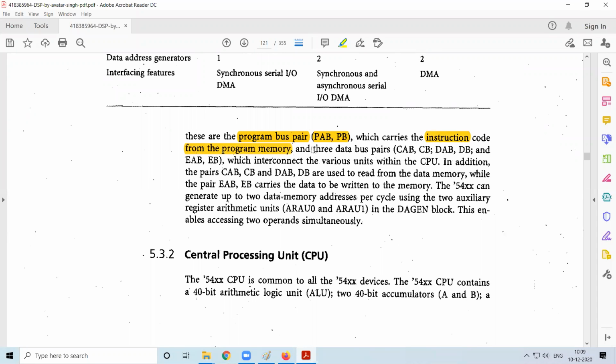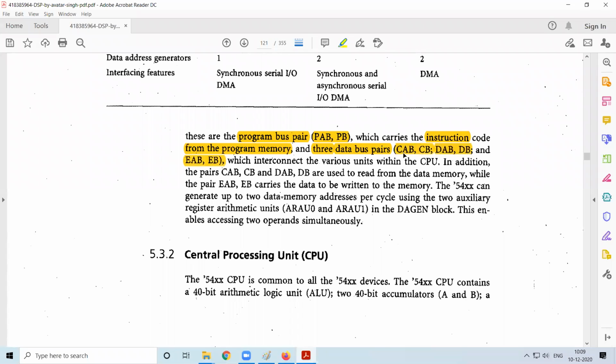Then we have three data memories. Each data memory has a pair of buses, so there are three pairs of data buses. Here we have CAB, CB, DAB, DB, and EAB, EB.